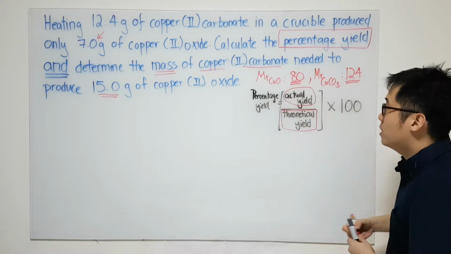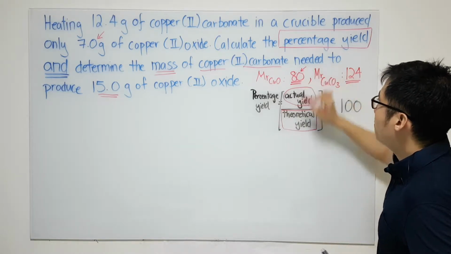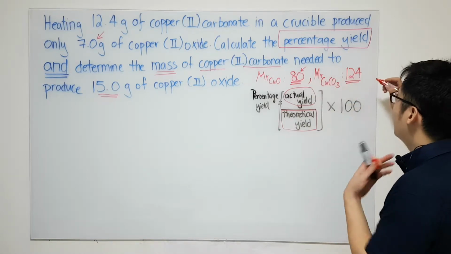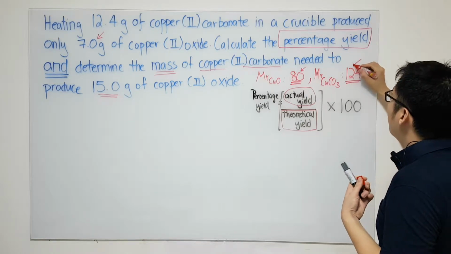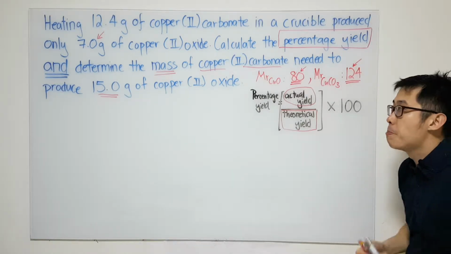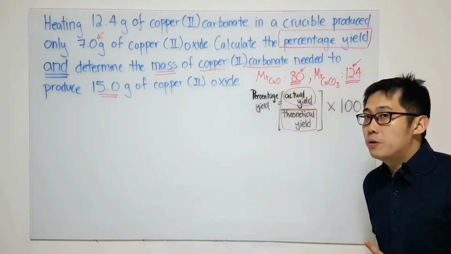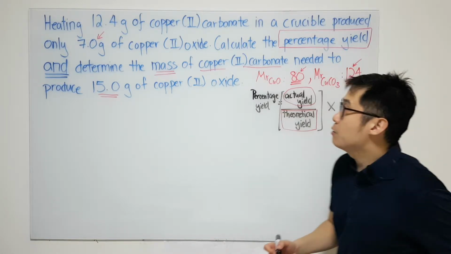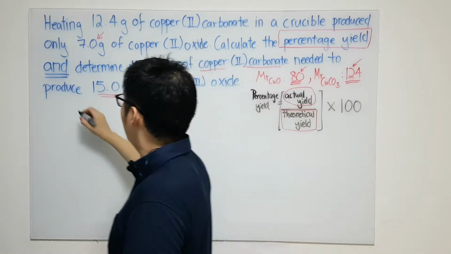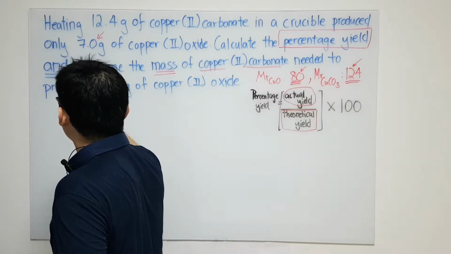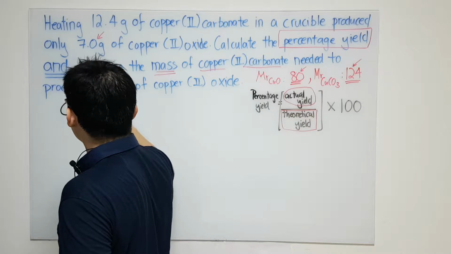Now, I've written over here the MR of copper oxide as well as the MR of my copper carbonate. In order to get a theoretical yield, we first need the equation. So this is how you write the equation. Copper 2 carbonate is a formula of CuCO3, solid.